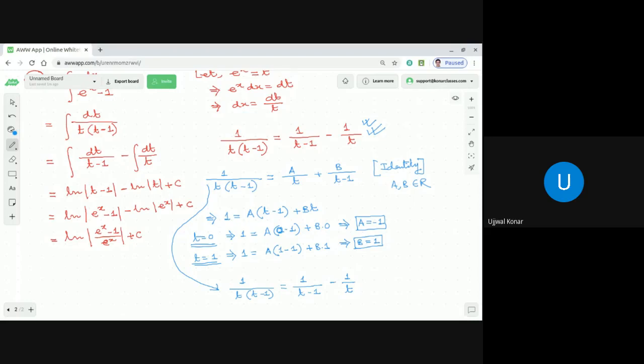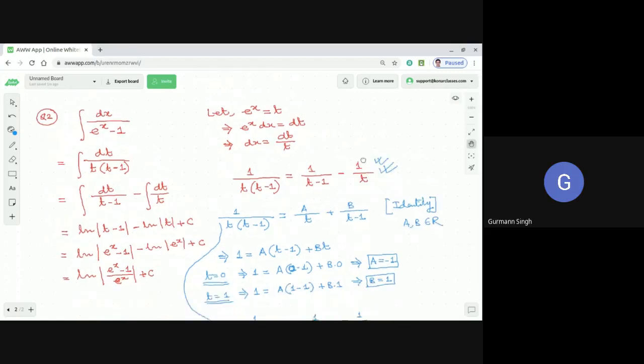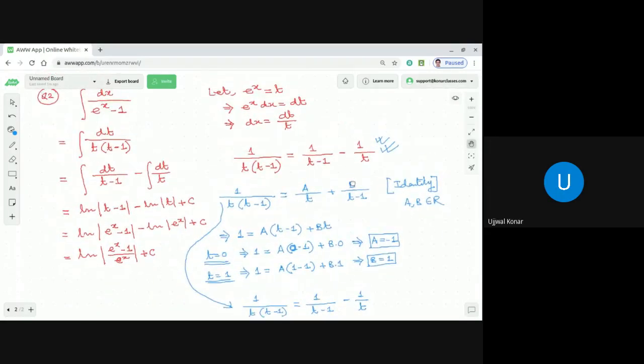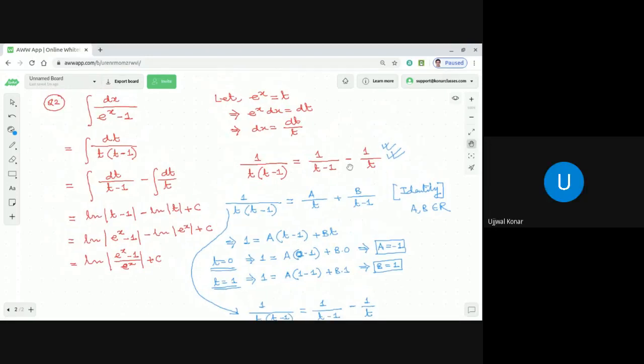Dear Gurman, everything is very clear? Disha, Srijita, Divansu, things are clear? Okay, great. If it is clear, then let me proceed to the next question. Mohor, what do you have?